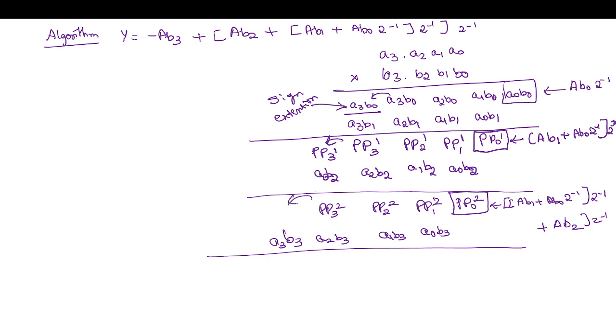Again here there will be sign extension. So you will get Y3, Y2, Y1, Y0. So this will be the result in 4 bits.